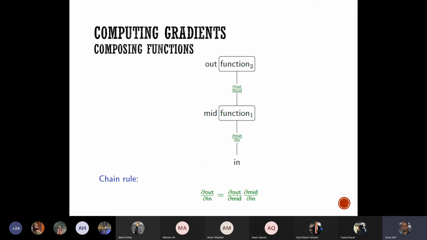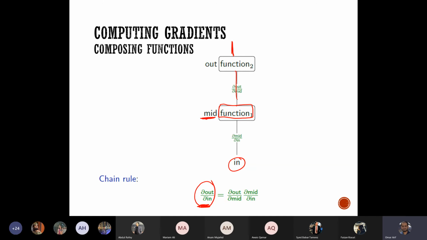What happens if we have a situation like this, that we have a function 1 which takes some input and produces the output which we are calling mid, and this mid is then used as input to a second function, and the second function produces the output, and the objective is to find the overall derivative, which means the rate of change of the output with respect to this input.